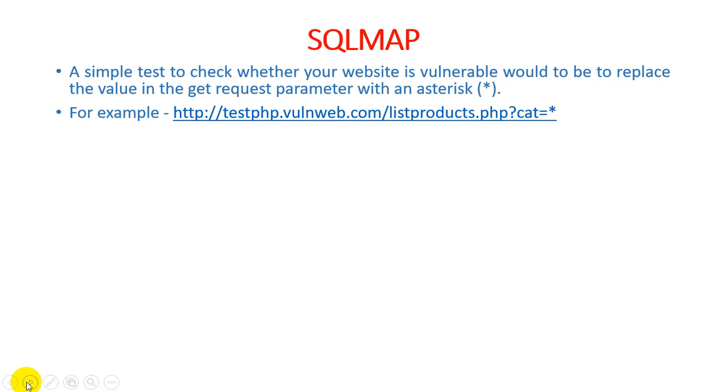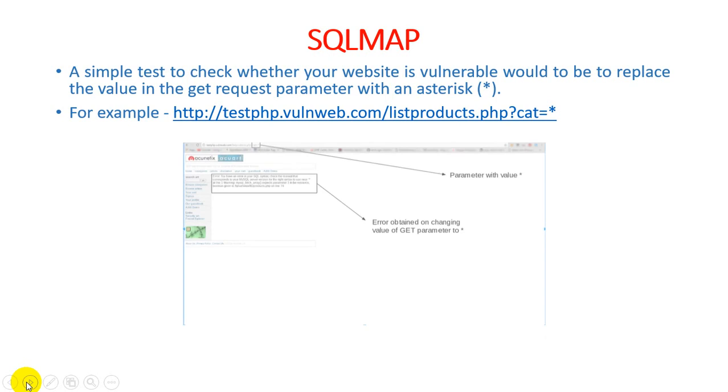So star retrieves all the data from a particular table. If your website is vulnerable and you put a star at the end of the category, replacing the 1, and you can see all the data from the database table, then you can easily say that your website is vulnerable.